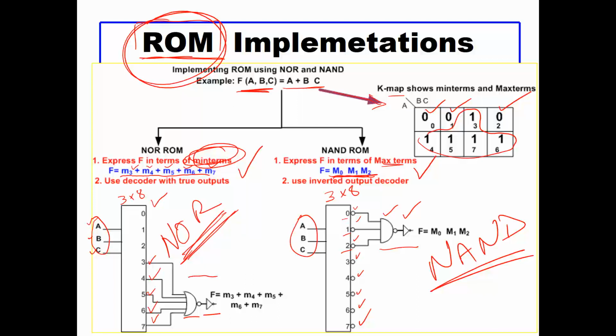And for the product of maxterms, we use an inverted-output decoder and we use a NAND gate to implement the product. So this is a quick review of implementing functions using minterms or maxterms.